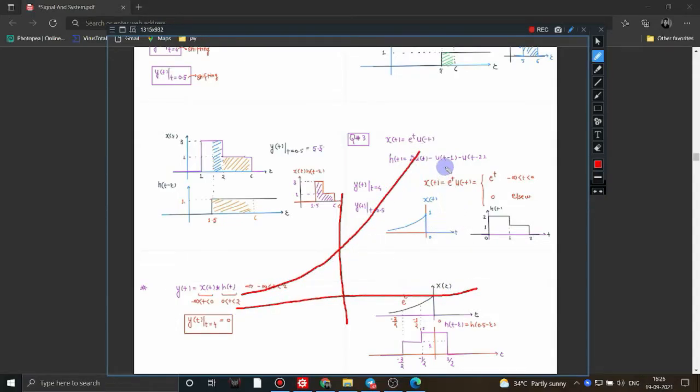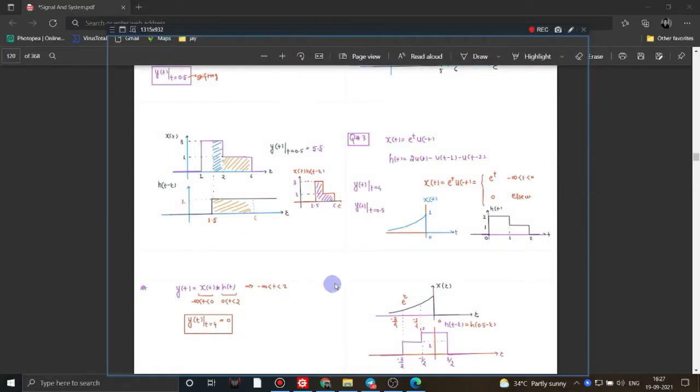When you multiply it by u minus t, you will get only the negative part. And this xt graph is simple, so we make that.